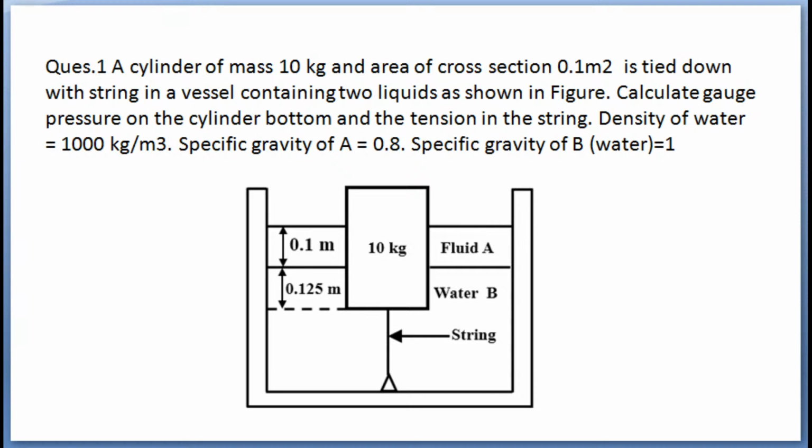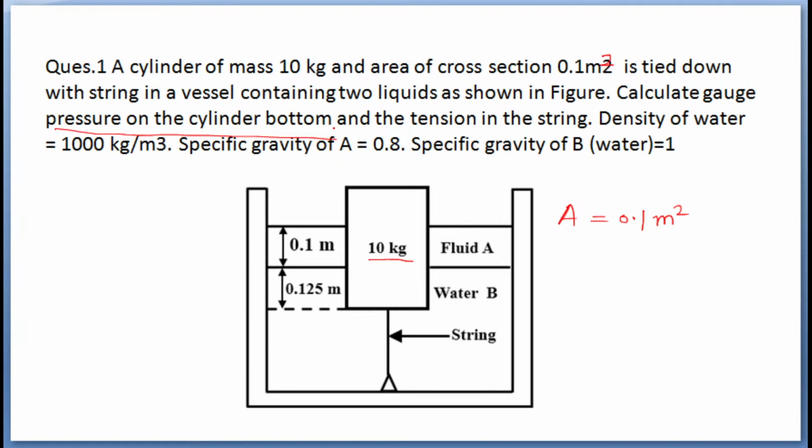In the problem, it is clearly given this is a cylinder, mass 10 kilogram, and area of cross section 0.1 meter square. The area of this cylinder is also given. It is tied down with a string in a vessel containing two liquids as shown in the figure. Calculate the gauge pressure on the cylinder bottom.